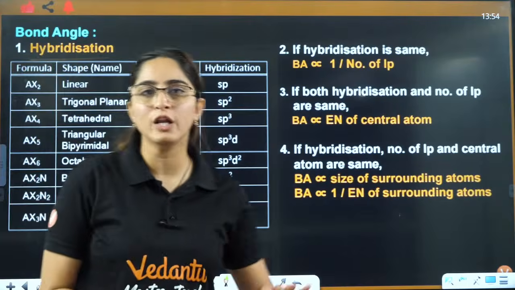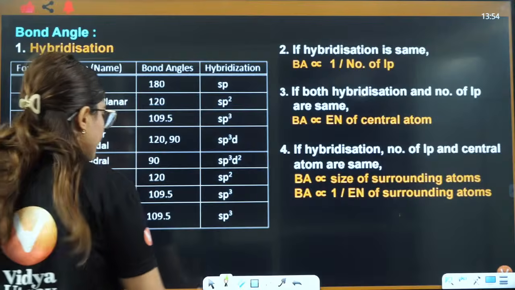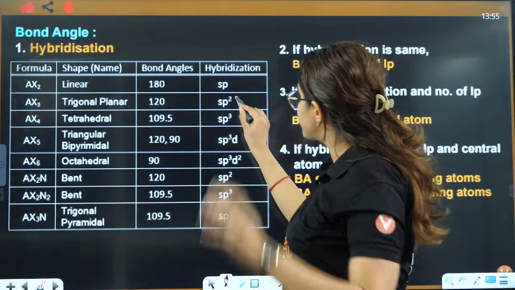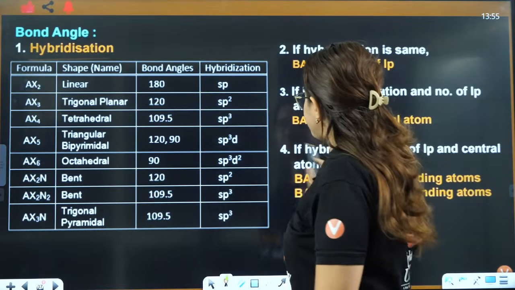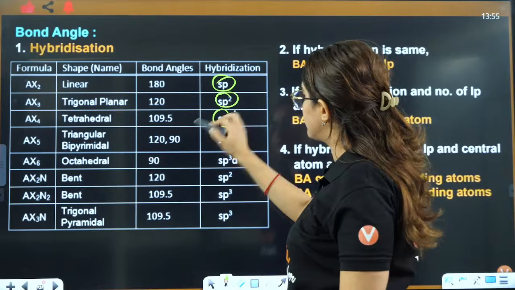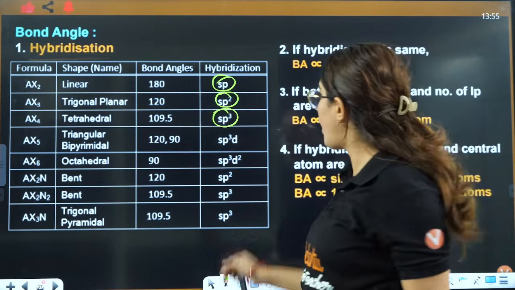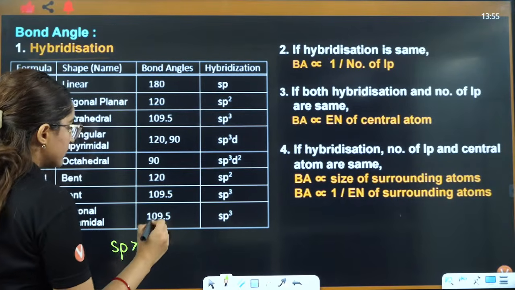Don't go into the other shapes. I would just advise you to remember sp, sp2, sp3 and sp3d. Linear is sp, and sp has the maximum bond angle.